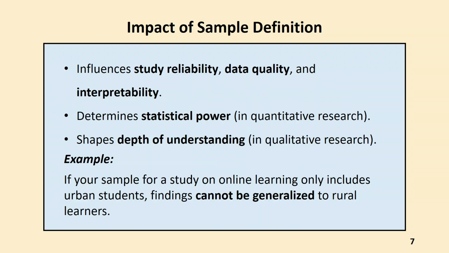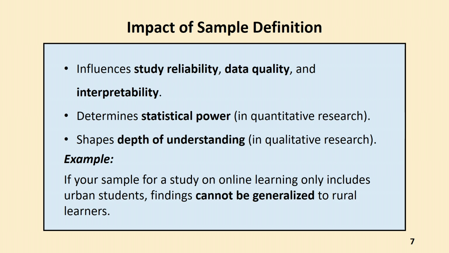And next is statistical power. How you will utilize the obtained data in terms of making meaningful inferences. That is important. That is why it determines your statistical power in quantitative research, and it defines the depth of understanding in qualitative research, because here your intent is different.